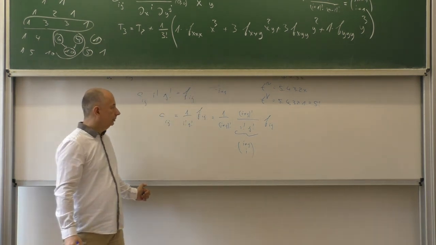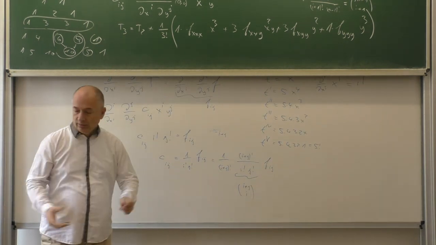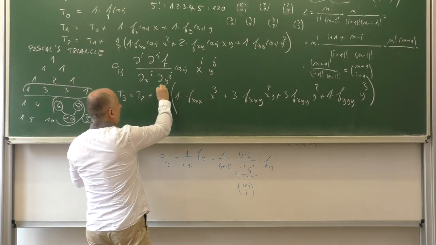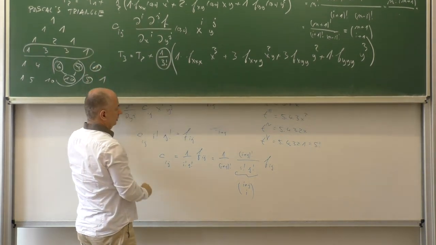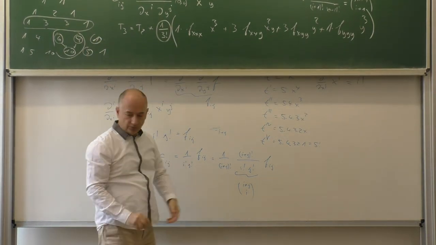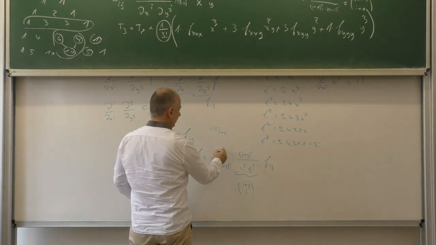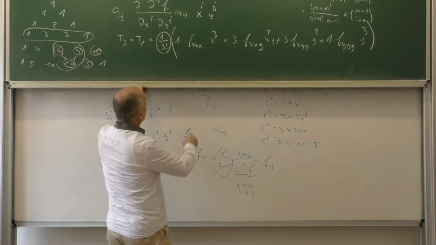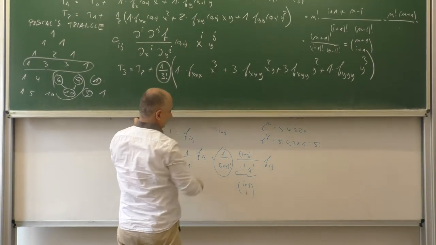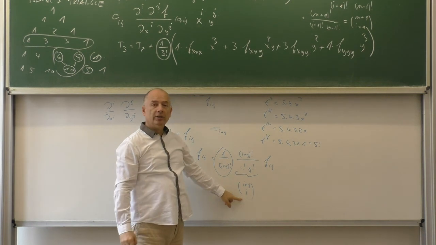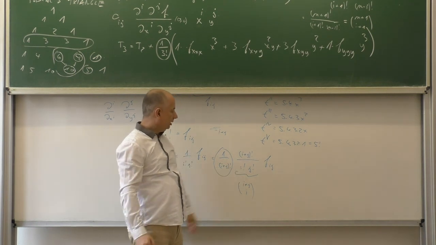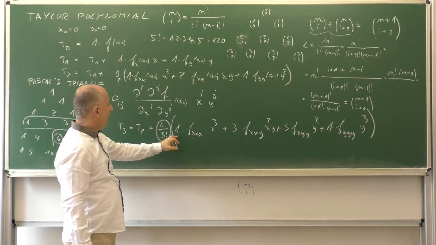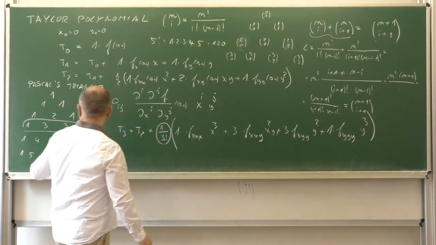This is the same. So you see, this completes the proof that when we factor out 1 over n factorial, then each derivative of f must be multiplied by the binomial coefficient n above i, and is the sum of the two coefficients. And these are the numbers in the Pascal's triangle.